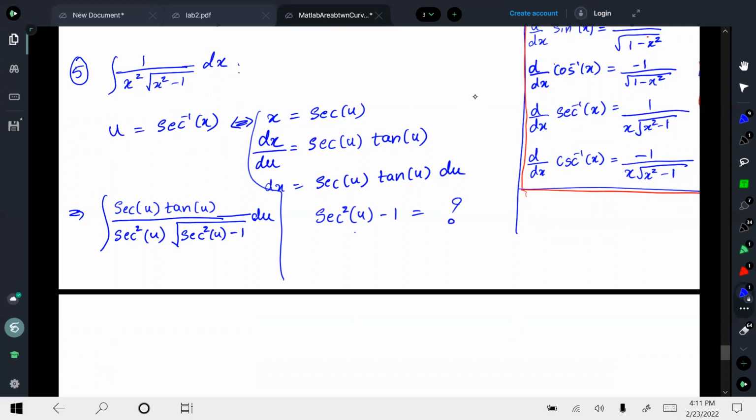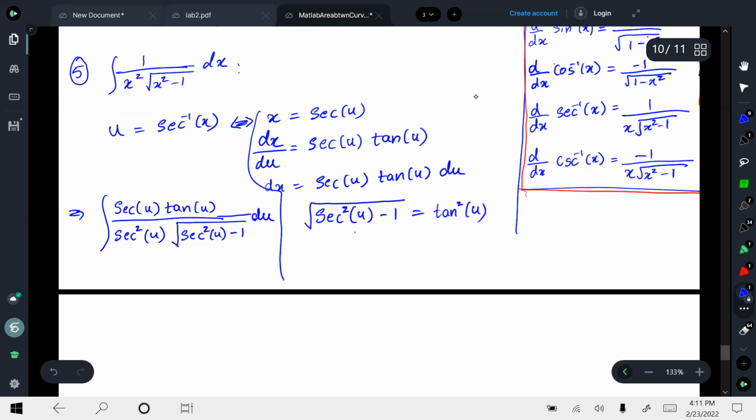Remember, I think in lab 3 or 4, you had a hint given in the problem. Exactly, it is tan squared of u. Remember we have the square root of secant squared of u minus 1, so I have to apply a square root on both sides.